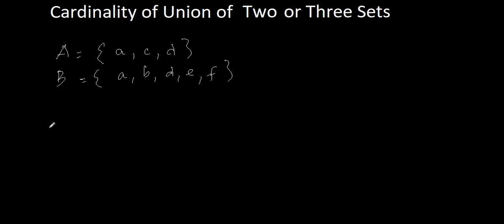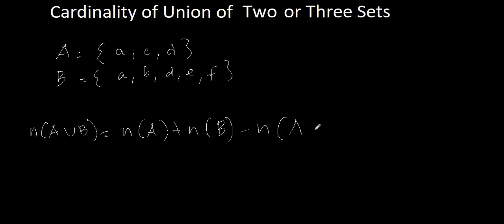It's very important, so you have to memorize the formula. Okay, so what is the formula for the cardinality of the union of two sets? So we have cardinality of A union B is equal to cardinality of A plus the cardinality of B minus cardinality of A intersection B.